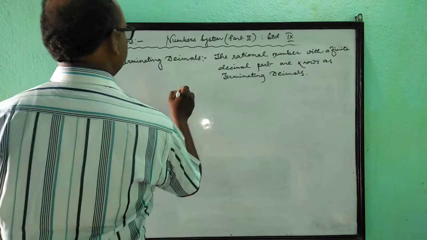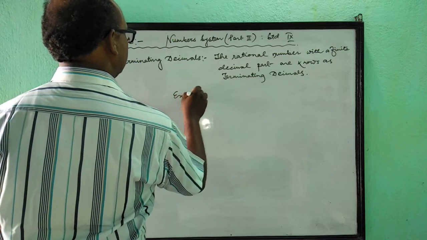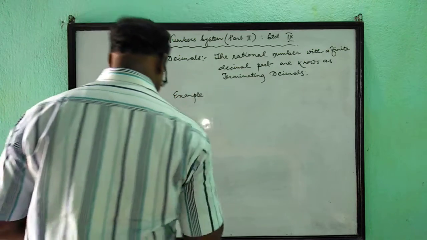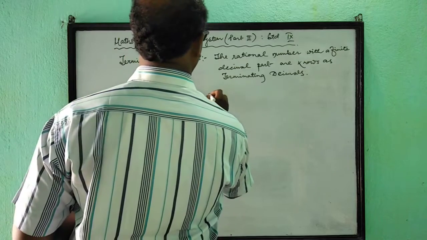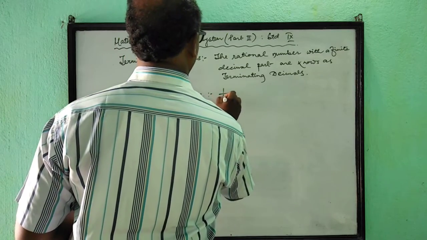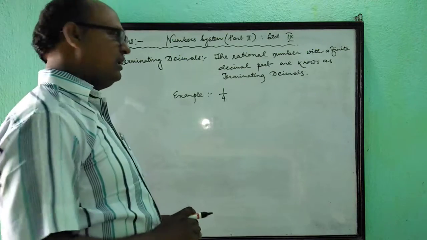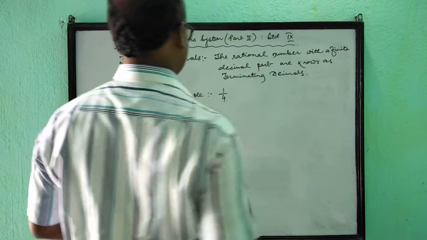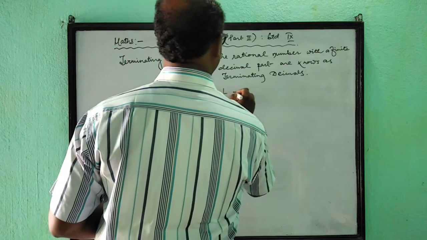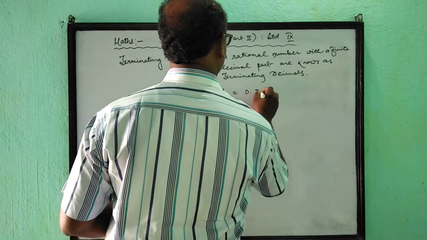For example, 1 by 4 is a terminating rational number because its result is 0.25.